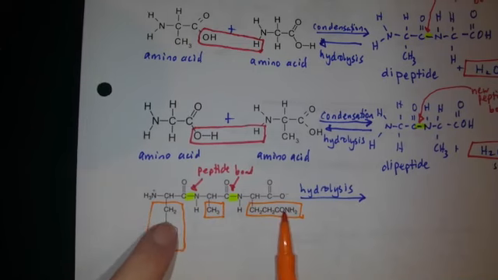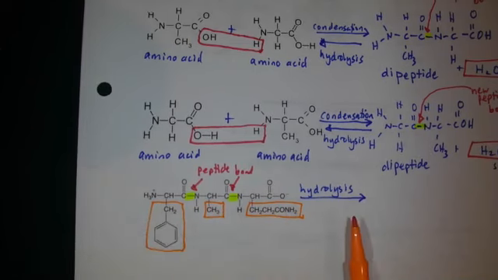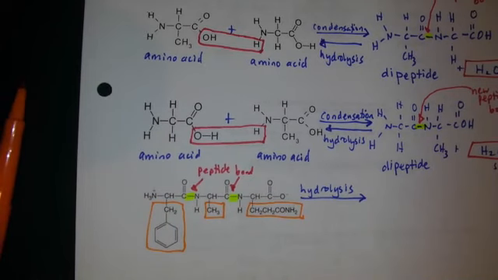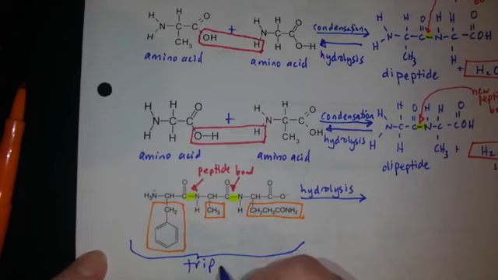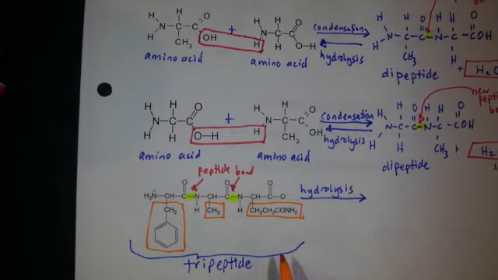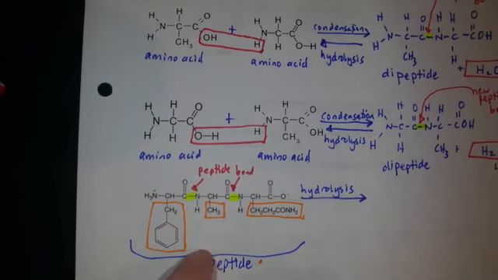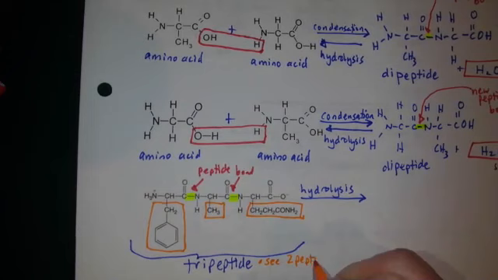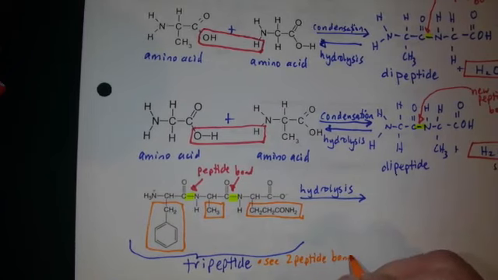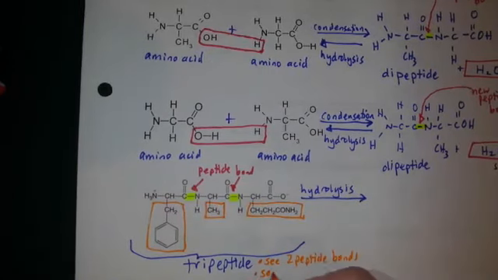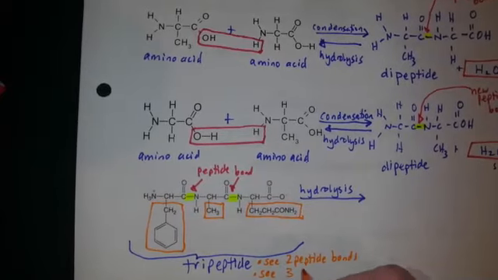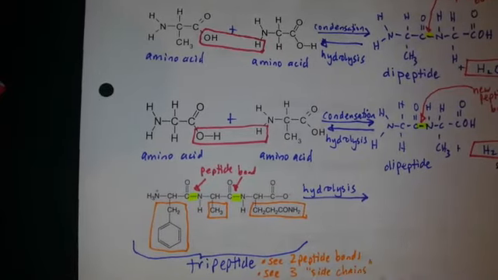So I see 3 side chains, 2 peptide bonds. This means that this is a tripeptide. And to remind you, how do we know that? Because we see 2 peptide bonds. That's one way that you know it's a tripeptide. And you can also see 3 side chains.